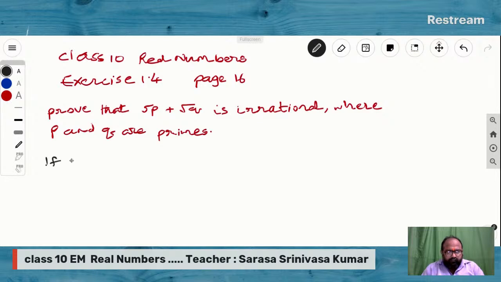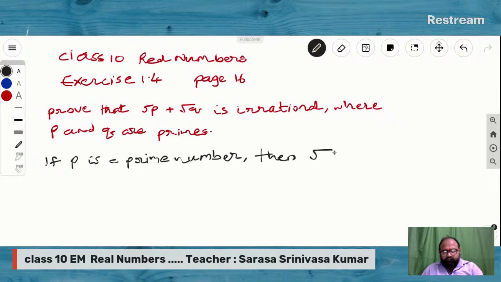If p is a prime number, then square root of p is irrational.